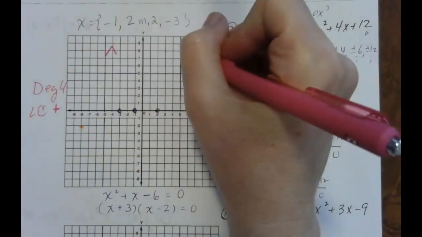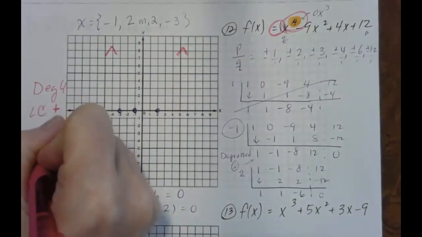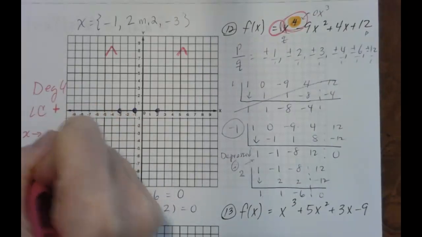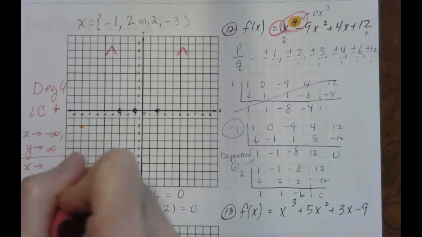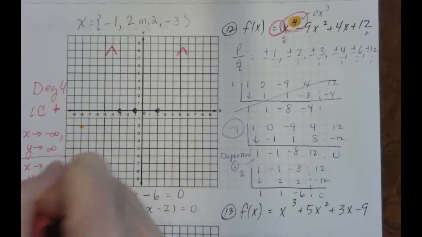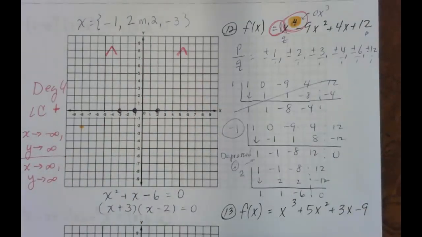It is going up and up. As x gets smaller, y gets bigger. And as x gets bigger, y still gets bigger. It's a touchdown, up and up, both sides.